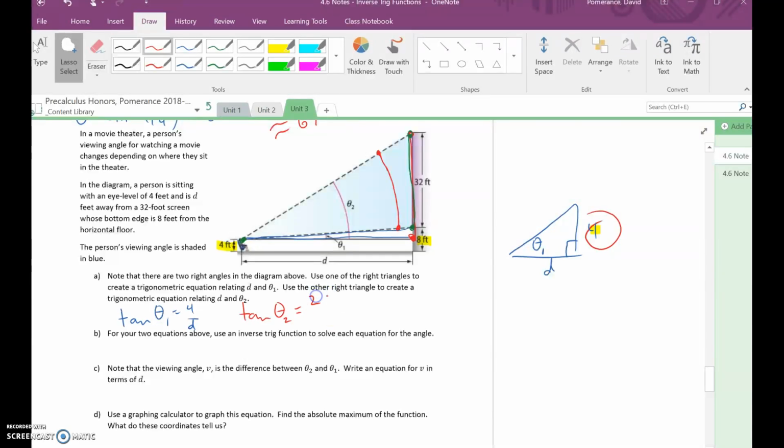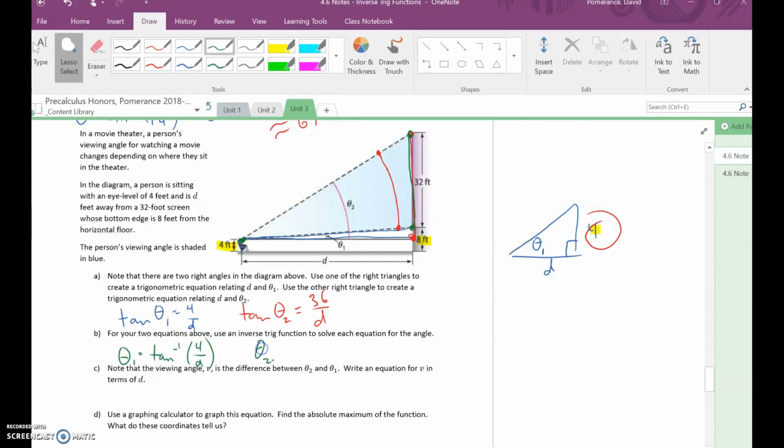I just said 36 over D. SOHCAHTOA. 2 equations above. Use an inverse trig function to solve for each angle. So theta 1 equals the inverse tangent of 4 over D.